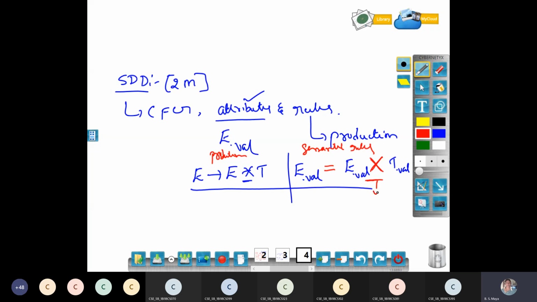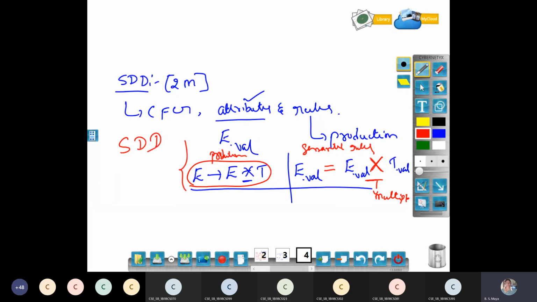The into is your multiplication operator. You should change it like this. These are the rules. We are doing a multiplication operation inside.